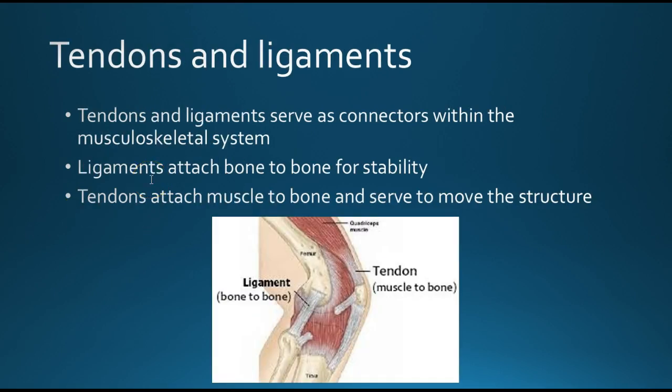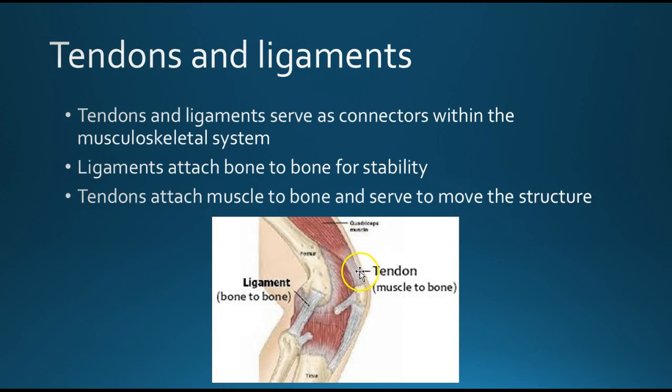Tendons and ligaments are also important to note, okay, so they're the connectors within the musculoskeletal system. Ligaments attach bone to bone, okay, and they serve the purpose of stability. So if we just had muscles in the knee joint, it'd be quite an unstable joint. By having ligaments there, it serves to really shore up the joint and make sure, it's like adding extra sticky tape to it, to make sure that it can't move in directions that it shouldn't be moving in.